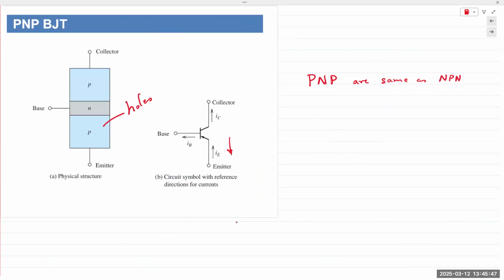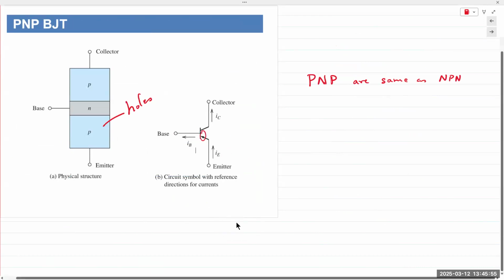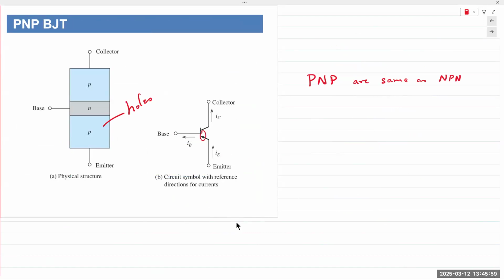In a PNP transistor, current is flowing into the emitter, hence the arrow points in. Okay, so everything remains the same. The operation remains the same. Everything else remains the same. Physical construction is the same. The only thing is holes are switched for electrons, and electrons are switched for holes.